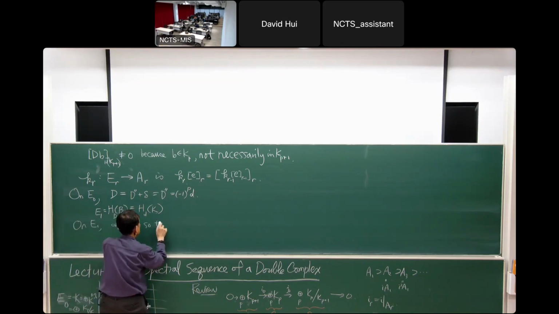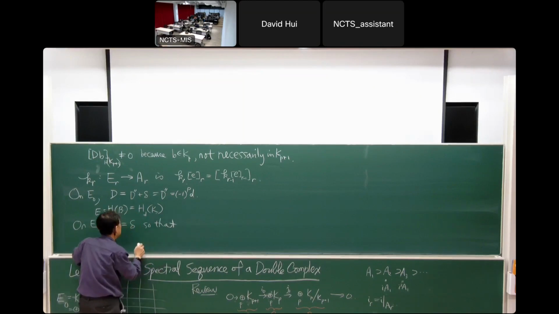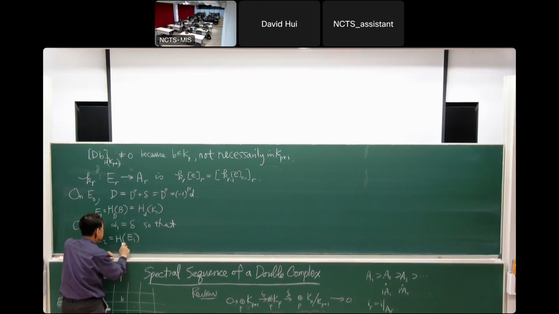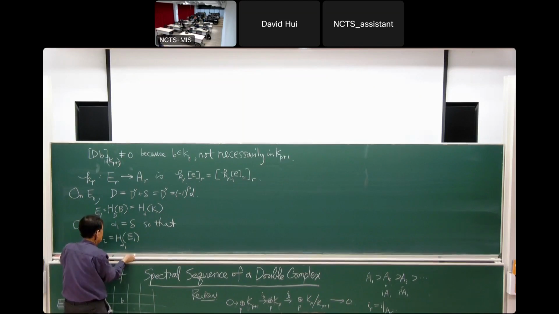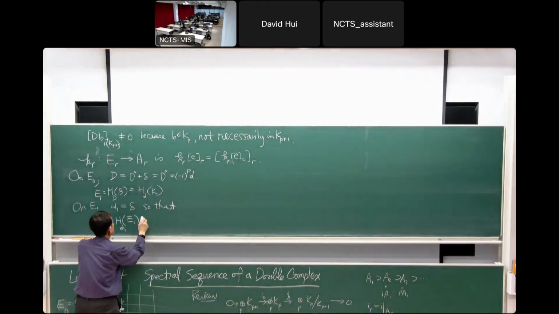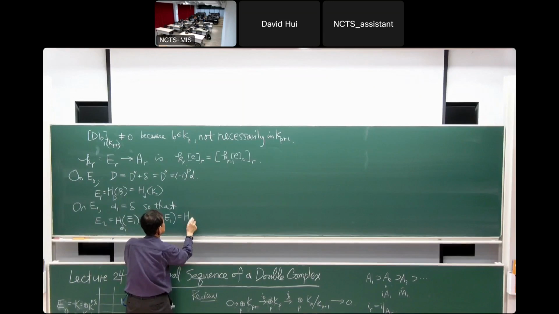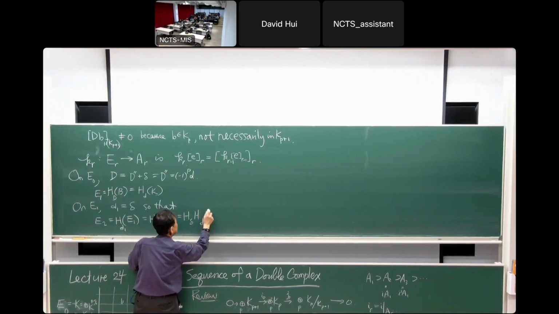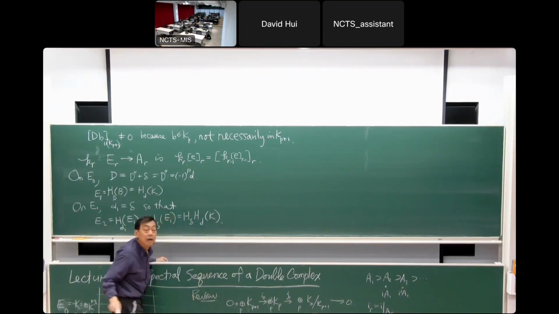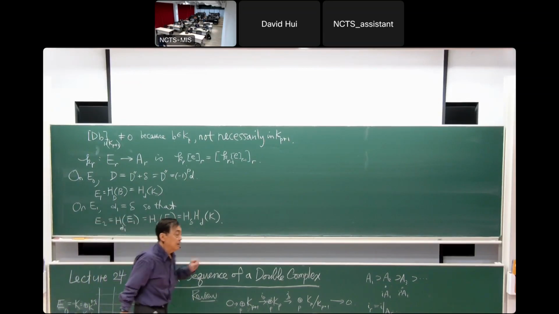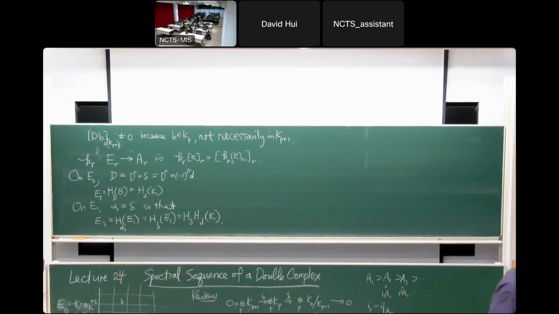So E2 is the cohomology of E1 with respect to D1, which is actually H_delta of E1, and that's H_delta H_d. So that's from last time. Now, today, we want to figure out what E2 is.